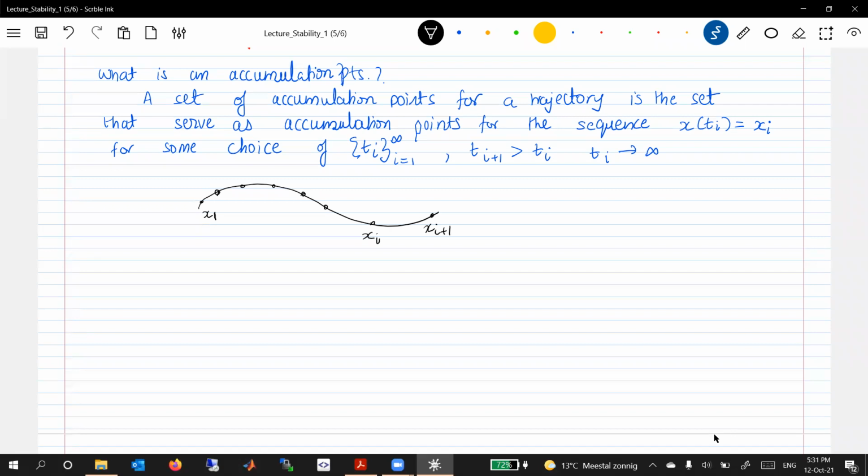Then P would basically be an accumulation point of this trajectory if this trajectory would be visiting P arbitrarily closely for all times t. So given any epsilon, let's say this is an epsilon neighborhood of P.